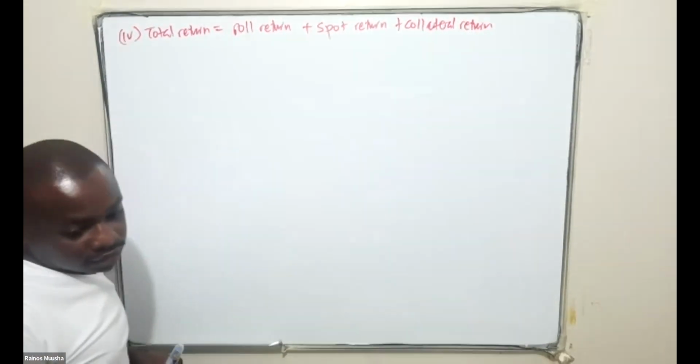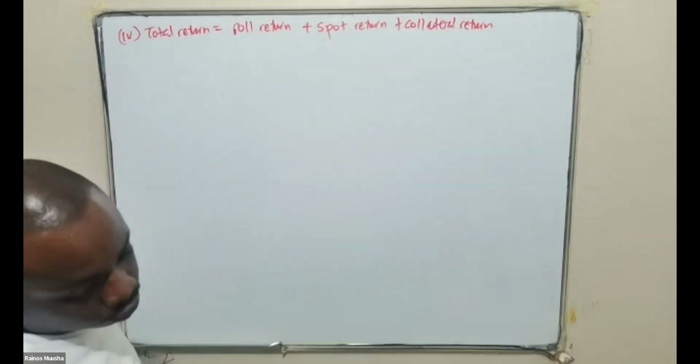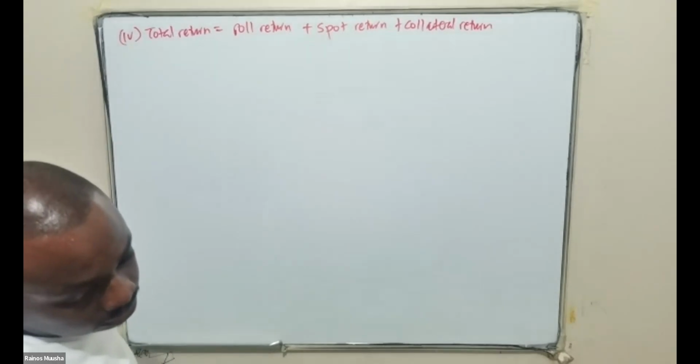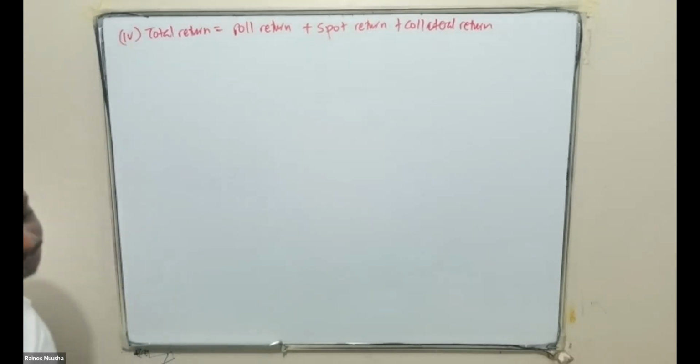So it's your raw return plus your spot return plus your collateral return.